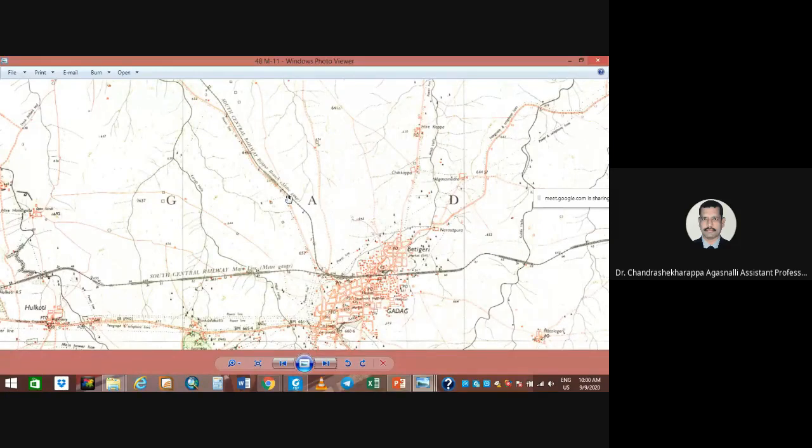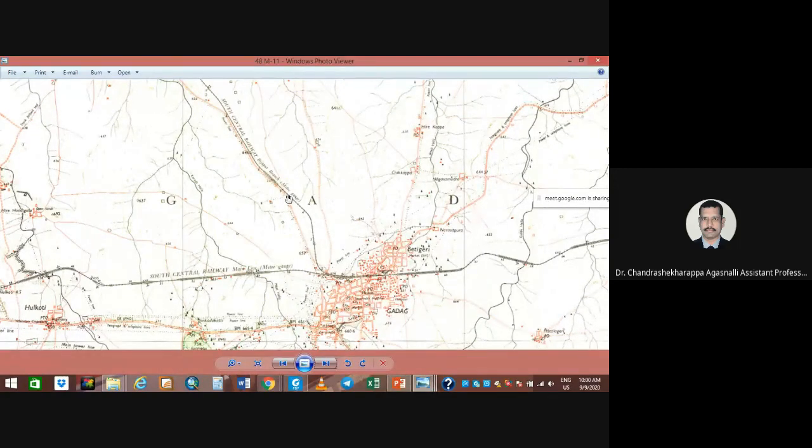That's one thing. If you are going to do a pipeline survey for water supply to Bangalore city, or a small town, or district places, you need to fix the pipeline.